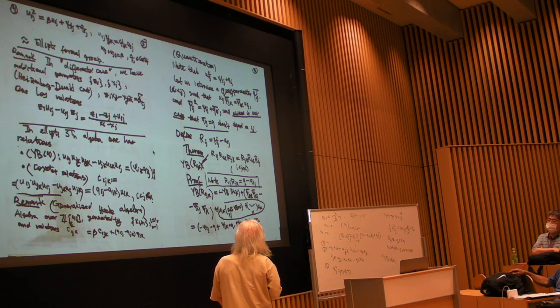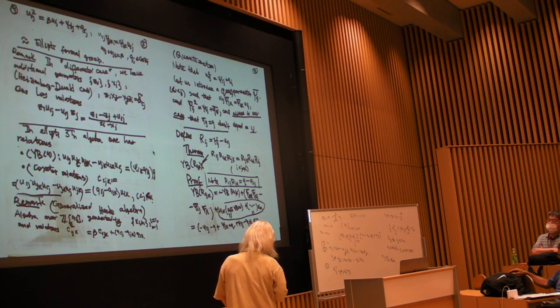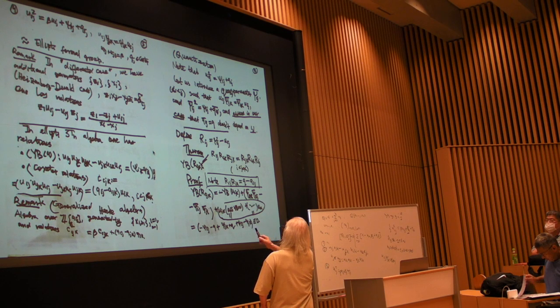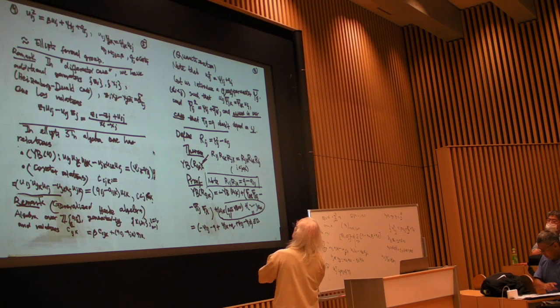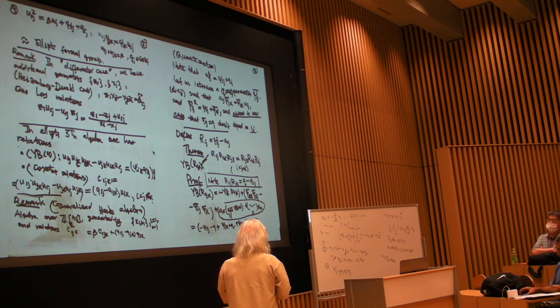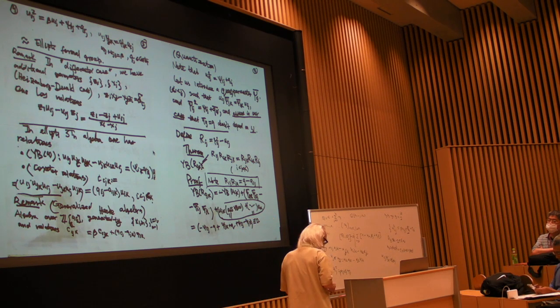Later I will give a realization of this. And this is it. So Rij really is a solution. But now maybe I need to write the representation.